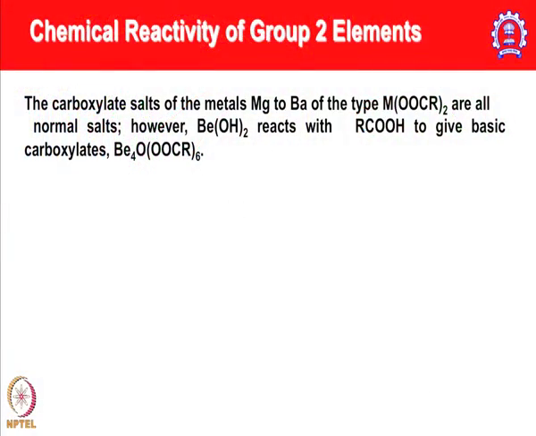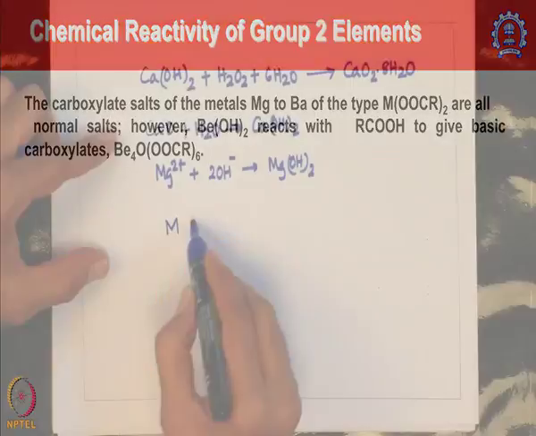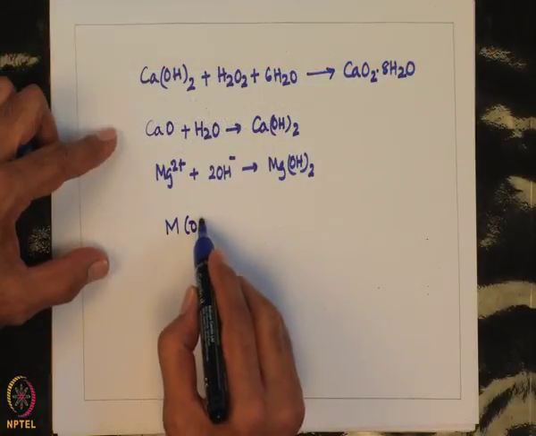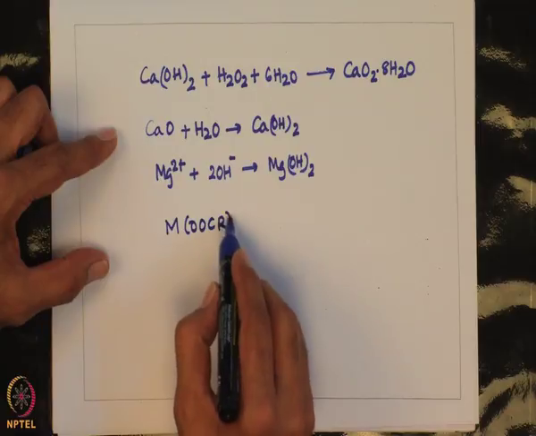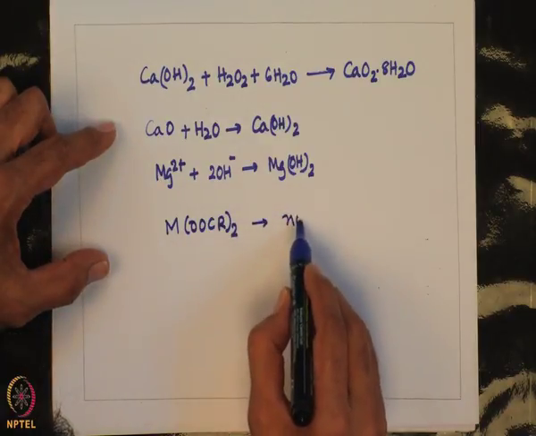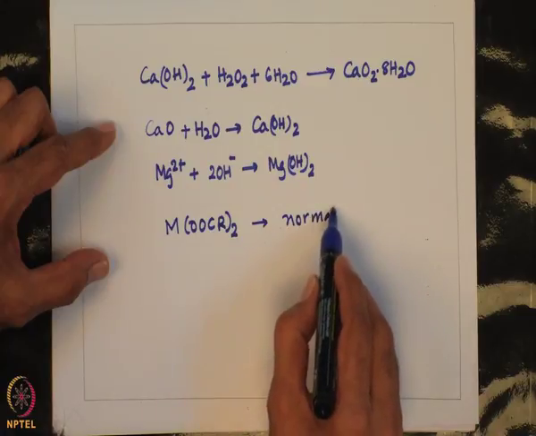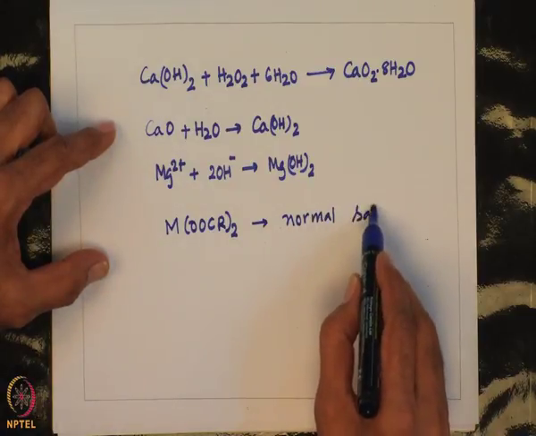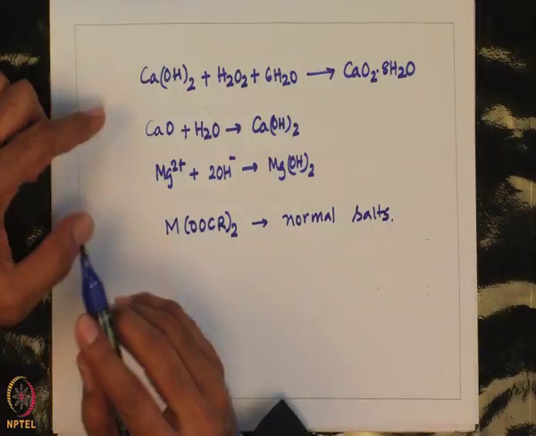And the carboxylate salts of the metals, magnesium to barium, are all normal salts, okay.